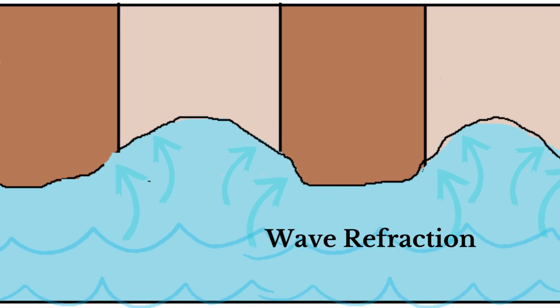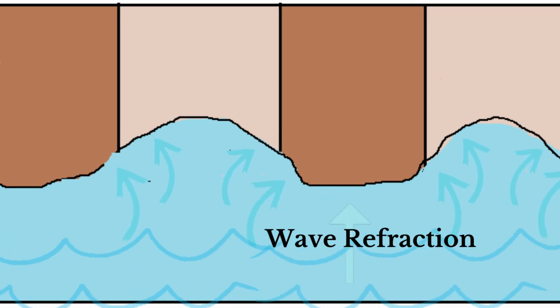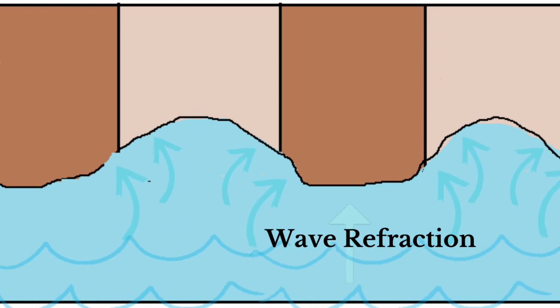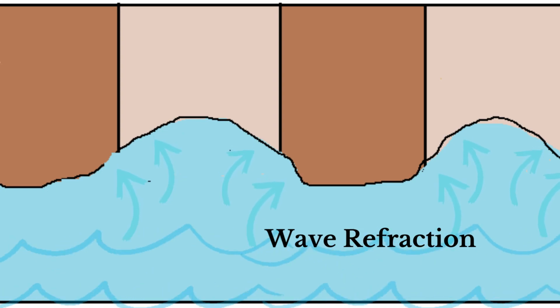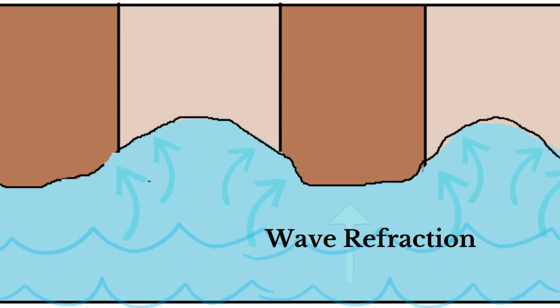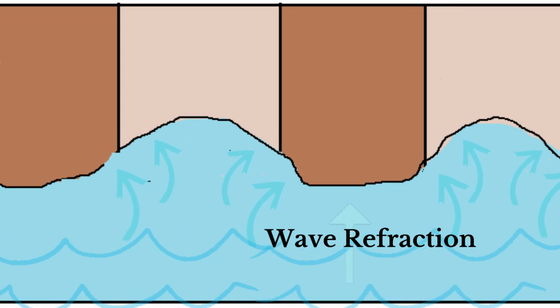So, an indented coastline is created when bays and headlands are formed, and this creates the condition for wave refraction to take place.